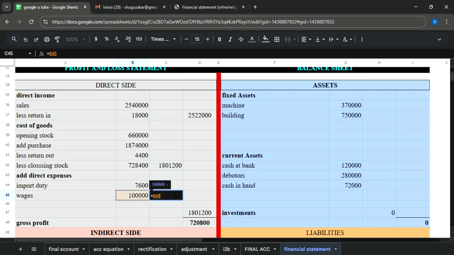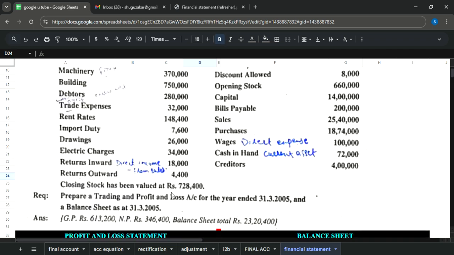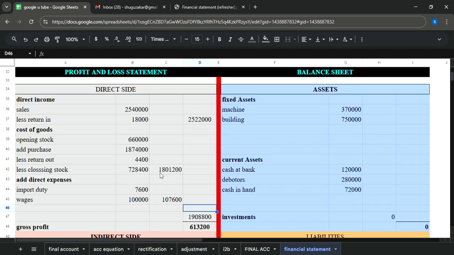These are 7,600 and 1 lakh. So guys, in this way we have got our cost of goods sold and direct expenses, and here you have calculated the total. Since the formula was already present, the calculations have been completed automatically. This is your cost of goods sold, direct expenses, and here look, add.